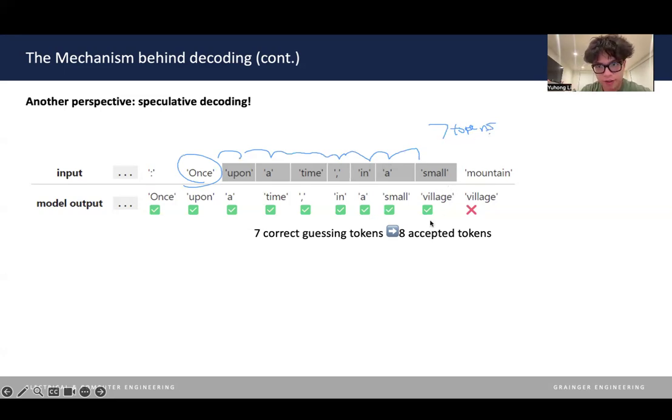And we have 8 accepted tokens because of this verification. This one matches the right shift of the model's original output. So village can also be accepted, because if we did it autoregressively, we would still need to put the small token back into the large language model again, and the output must be village, right? So it's 8 accepted tokens.